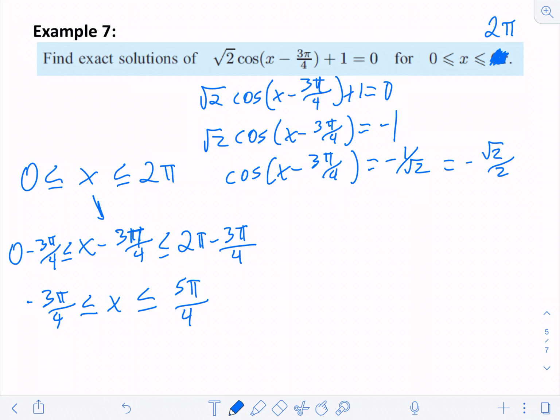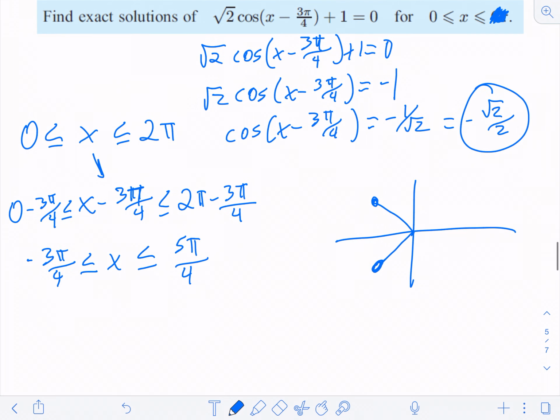So if I draw my unit circle out again, where does cosine equal negative radical 2 over 2? We know it's going to be this one right here at a 45-degree angle, and this one here at a 45-degree angle. And I'm going to start looking at negative 3 pi over 4. So what are my answers going to be, from negative 3 pi over 4 to 5 pi over 4? Well, negative 3 pi over 4, isn't that going to be right here? That's where I'm starting. So my first one is right there, which is negative 3 pi over 4.